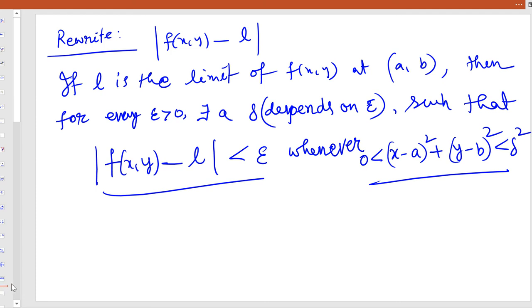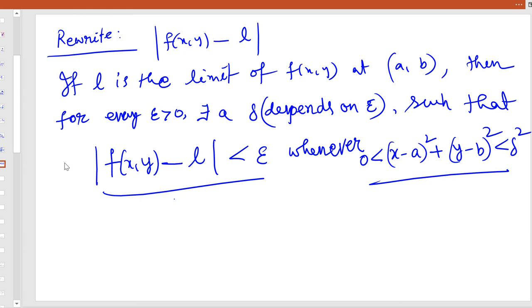So for this particular example, let us see what we are seeing actually. In fact, if you remember the definition of limit as x goes to a, f of x equals L. What was the meaning?